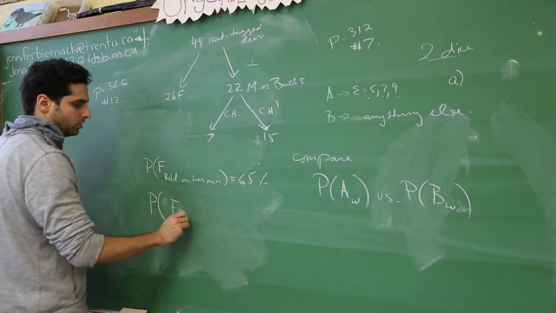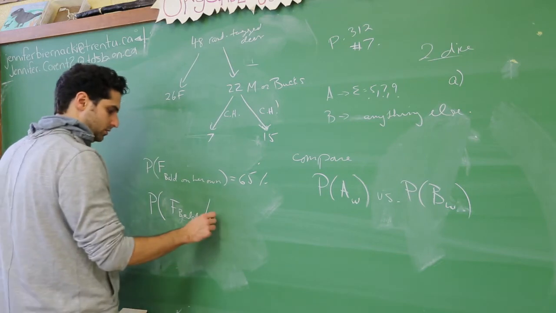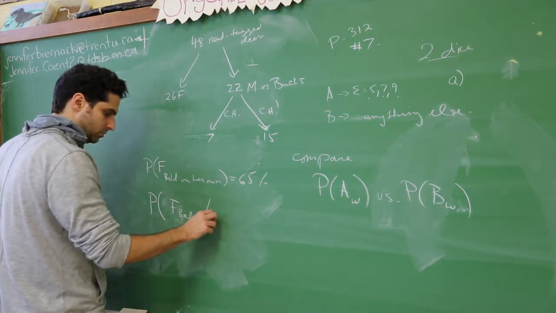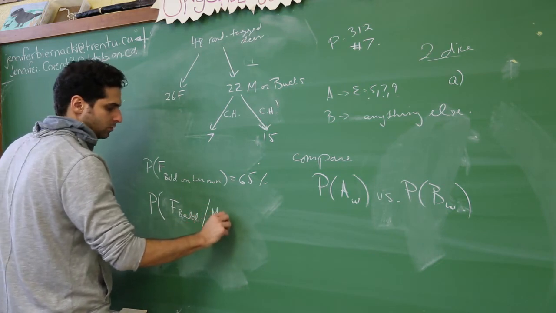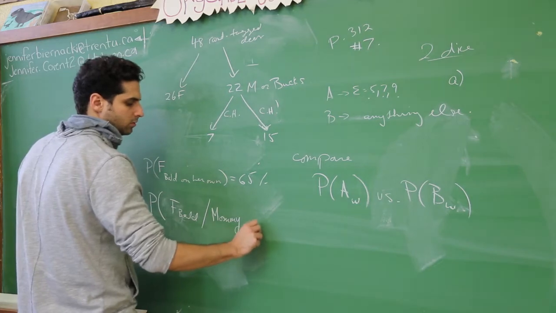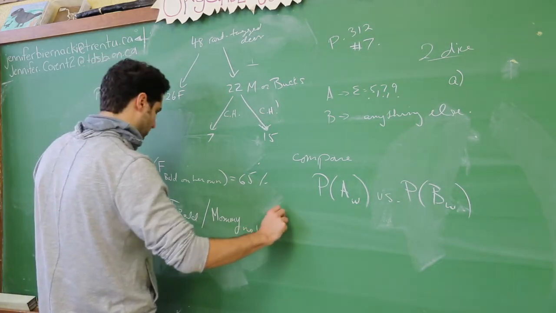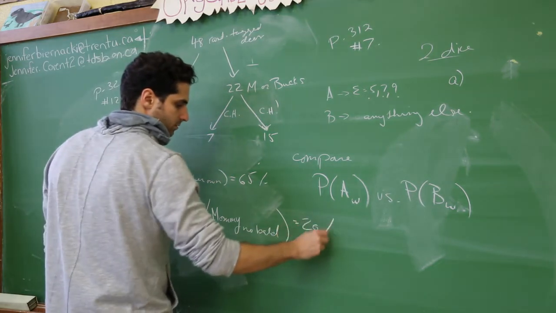But this is conditional probability. I have to teach you what that is. You don't know what that is? Is it like dependent events? Okay, what was that probability? 20%? Yeah.